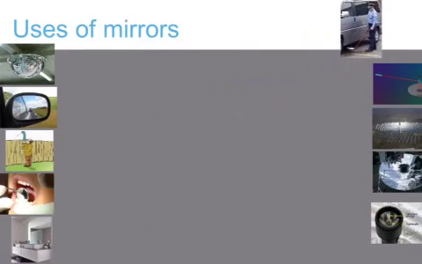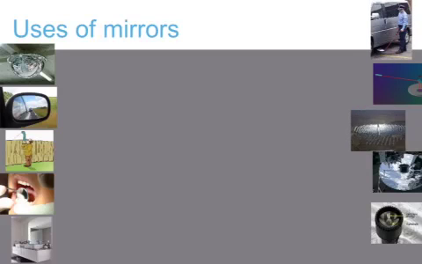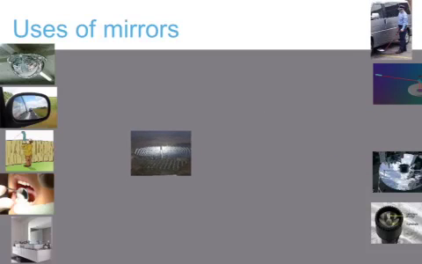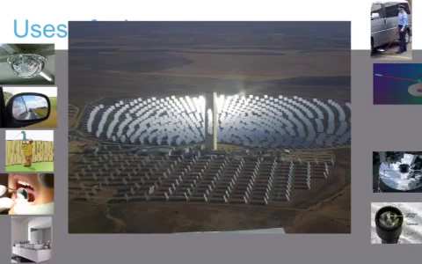And not only that, mirrors can also be used, for example, in solar plants to generate electricity. So you can see lots of mirrors there which focus the energy from the sun onto the tower to generate heat energy.